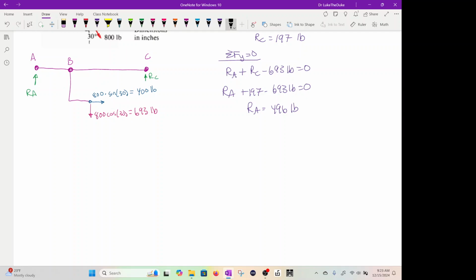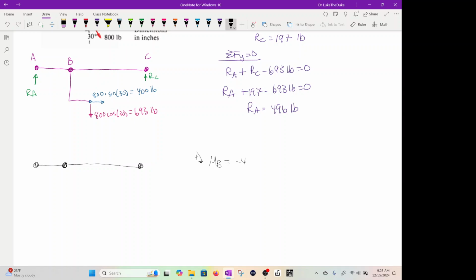So let me draw this again right here. What we're going to do is calculate the moment at B based on those two forces, 400 and 693, and we'll assume this way is positive.